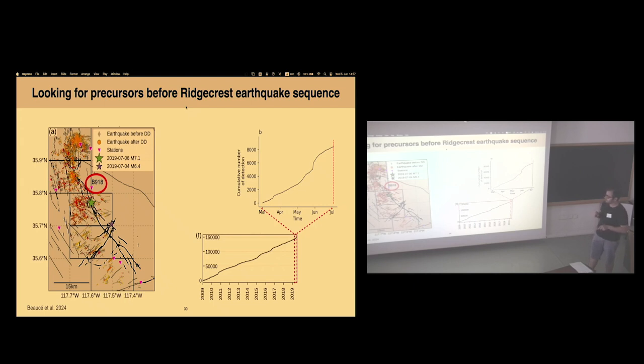You can see that before the Ridgecrest earthquake, there was an acceleration in the number of events. And we used only this station, B918, and we want to see if only with this station we can capture this acceleration or not.